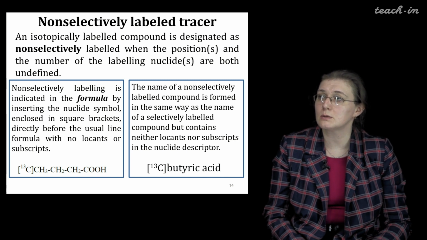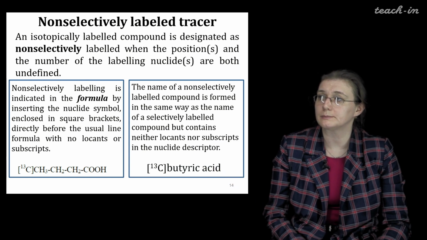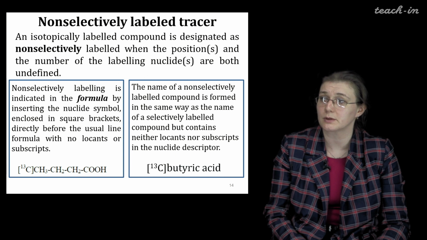And so non-selective labeling is indicated in the formula by placing the nuclide symbol enclosed in square brackets directly before the usual line formula with no locant or subscript.